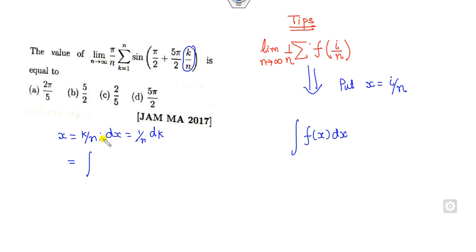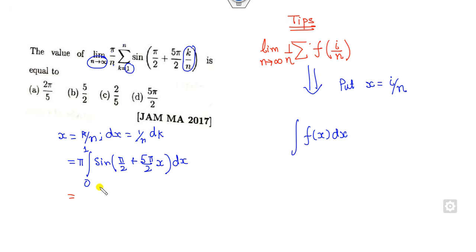So 1 over n, so pi is there, sine of pi over 2 plus 5 pi over 2 x. What is the limit? When k is equal to 1, it's 1 over n. As n approaches infinity, 0. When it's n over n it is 1. Now you can see the integration will be easier. What is the integration of this part?